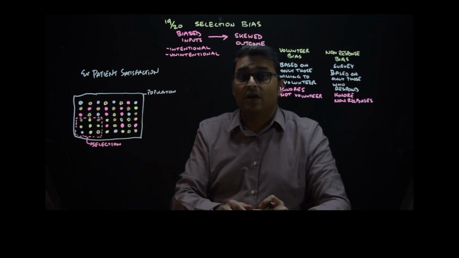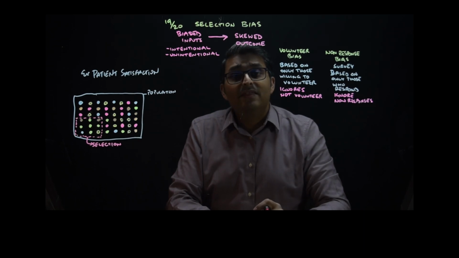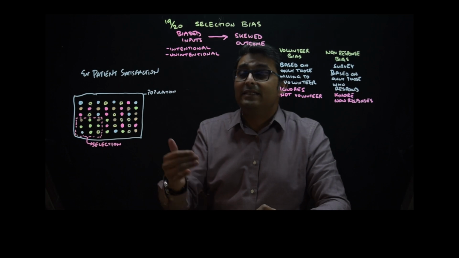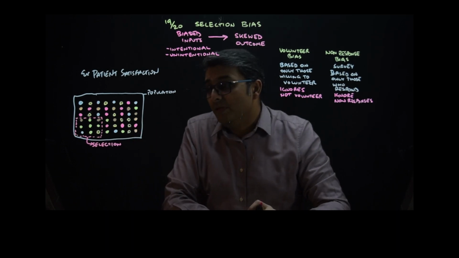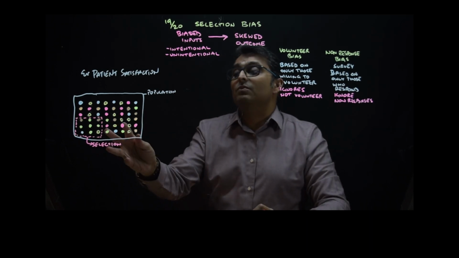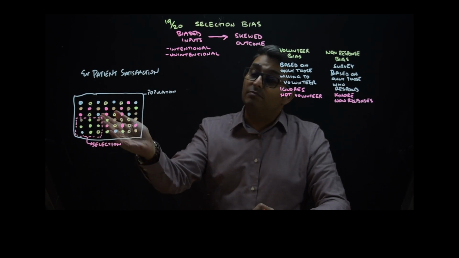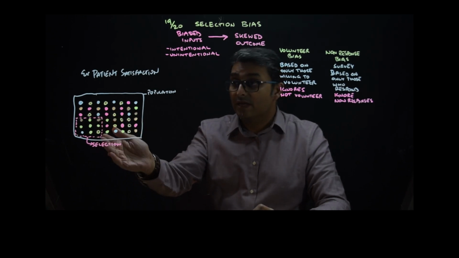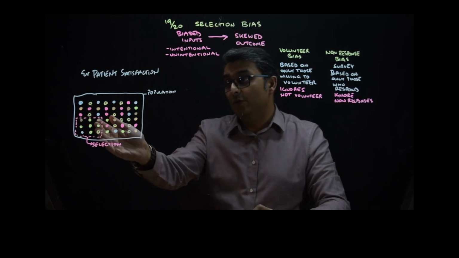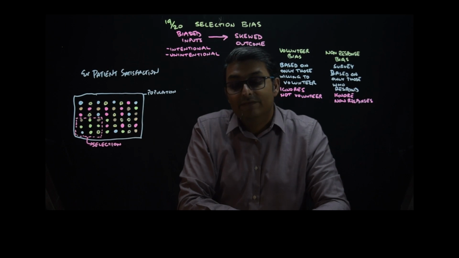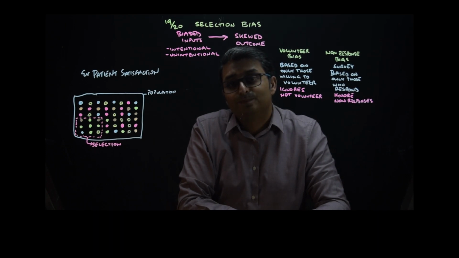So if we select those 9 patients for the assessment, then the outcome is of course not representative of the full population. You can see that we are disproportionately selecting the patients represented by the green circles, and there are not enough blues, there are no reds, and so it's not representative of the population.